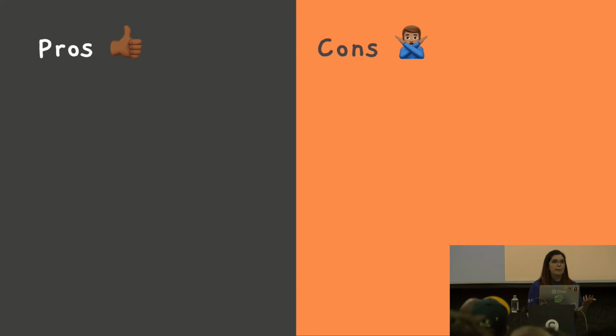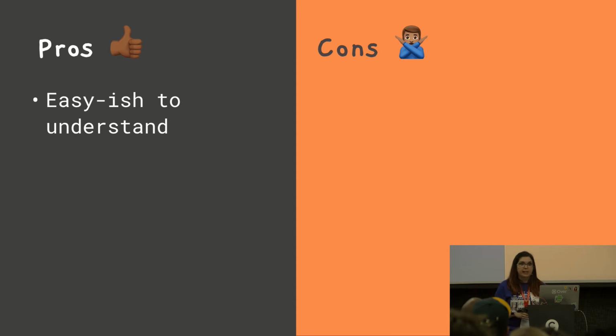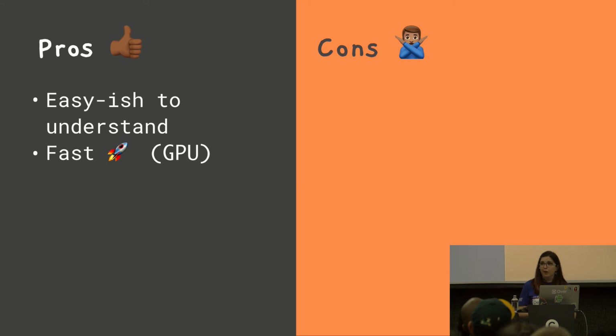Okay, so let's talk a little bit about the pros of this method versus the cons. The pro is that it's easy-ish to understand. I wouldn't say it's as easy as set pixel, get pixel, but as long as you understand matrix multiplication, you're good. It's super fast, runs on the GPU, so you don't have to worry about it slowing down your app.